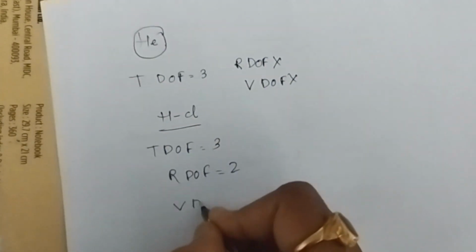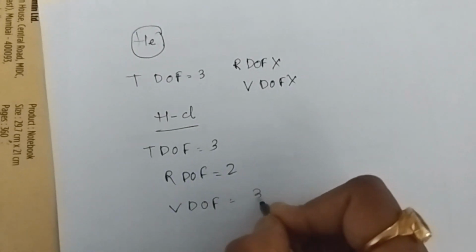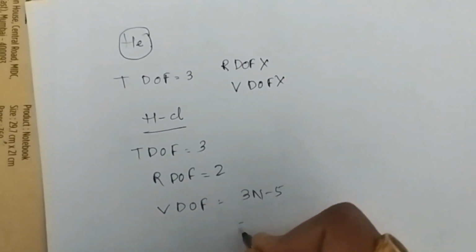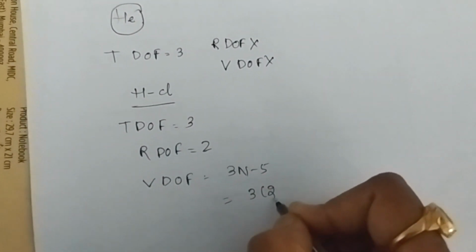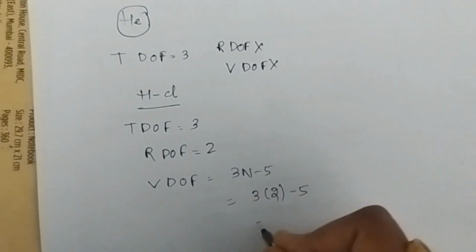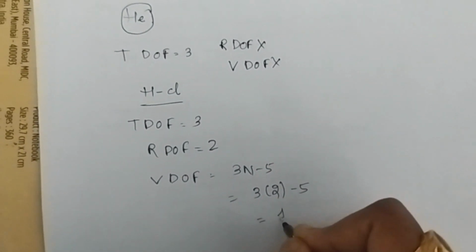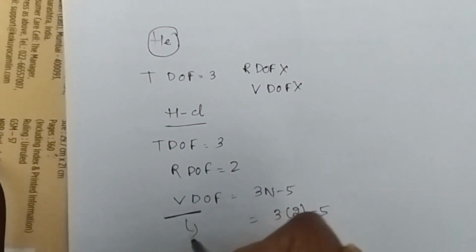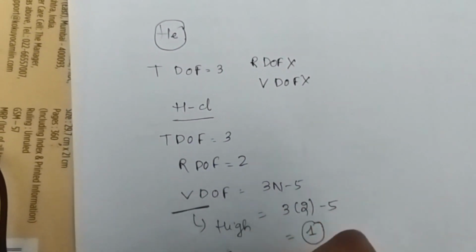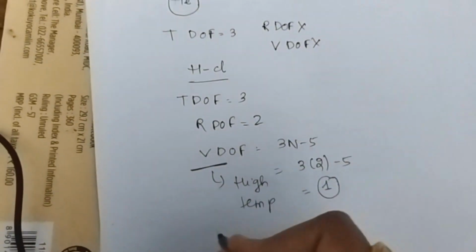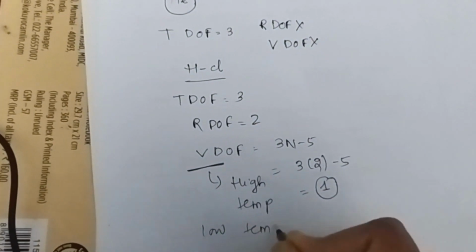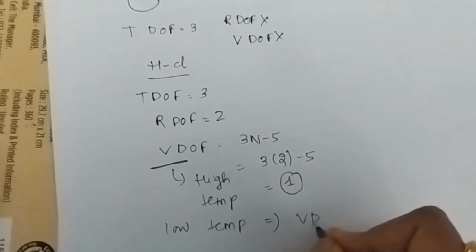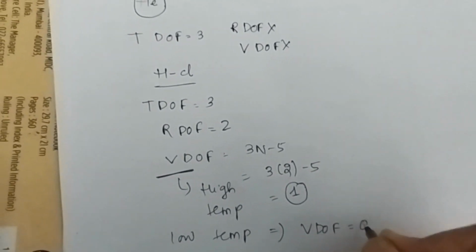And vibrational degree of freedom is 3n minus 5. n is number of atoms, here number of atoms is equal to 2, so 3 into 2 minus 5, 6 minus 5, that is equal to 1. And also remember, vibrational degree of freedom is always calculated at high temperature. If low temperature is given, then vibrational degree of freedom is equal to 0.